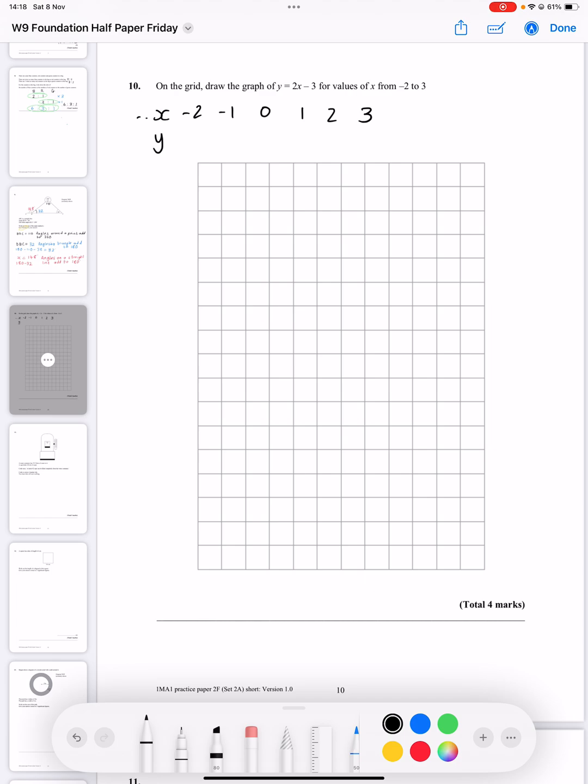And what we can do is find the value from the right. So we're going to start with the positive values. We can use our calculator for it, the table mode, but we can also substitute the value of x into the equation to find the value of y. Y equals 2 times 3 minus 3 gets us a value of 6, take away 3, which is 3.